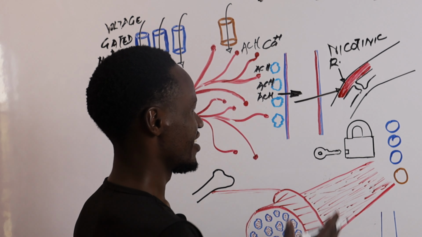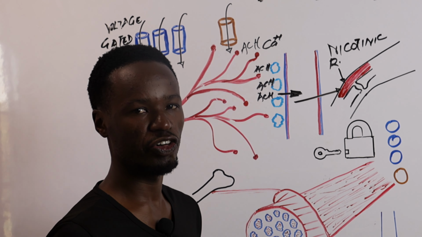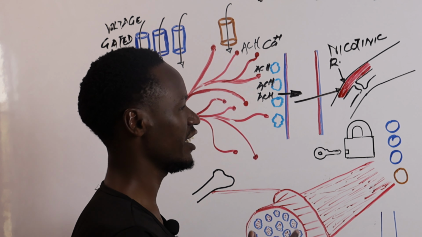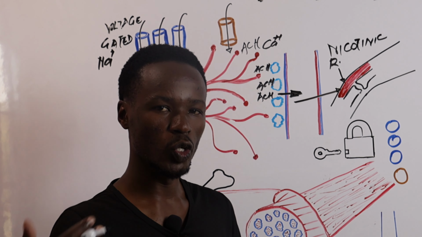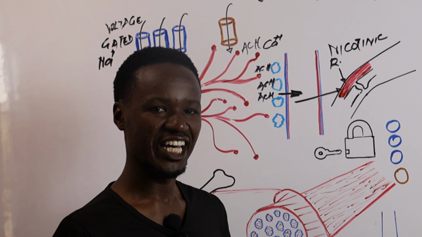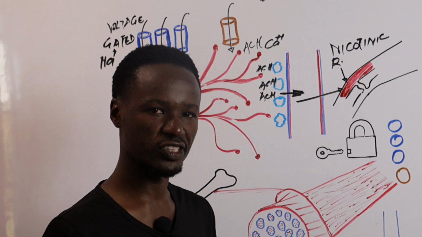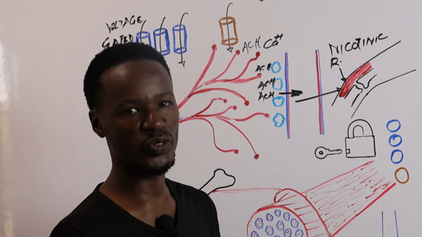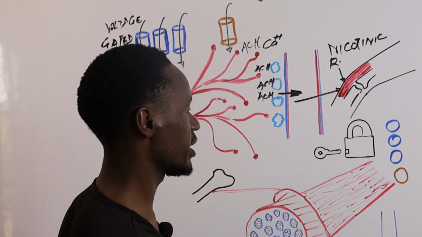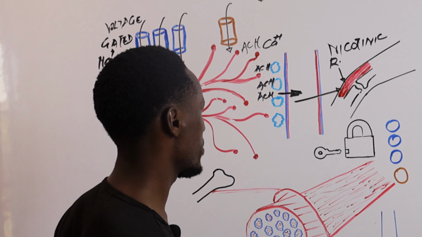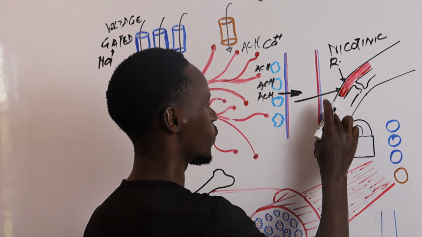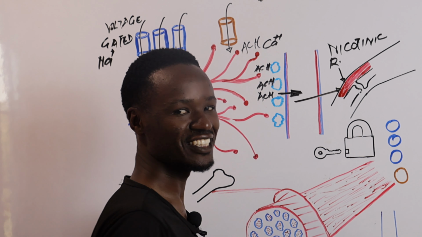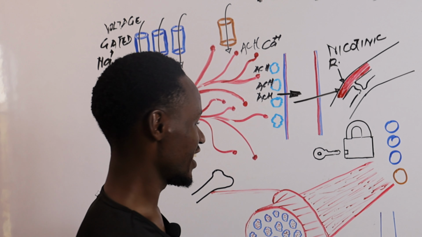But this is not the whole process, or the contractile process doesn't end here, because we want this contraction to go deep into the muscle and communicate with the myofibrils, the functional unit of the muscle fiber, for the contraction to happen. So look what happens. This acetylcholine, once it gets inside the muscle, is like a key.